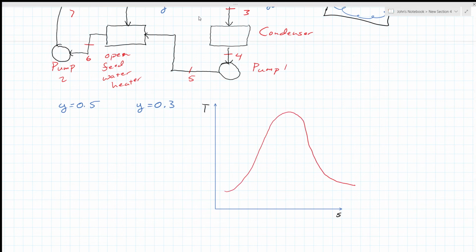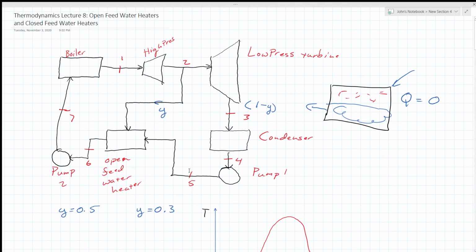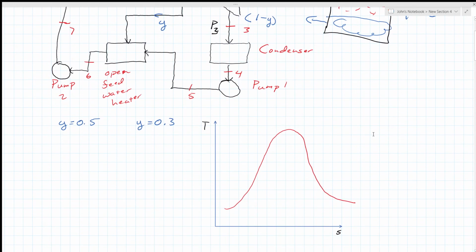Now remember, we're going through here. This is going to be one pressure because we're going from our boiler to our high pressure turbine. Now this lost some pressure here, so this will be P2. Now I'm going through a second turbine. So when I'm coming out of that second turbine, I'm now at P3. So down here, I need to add 3 different pressure lines.